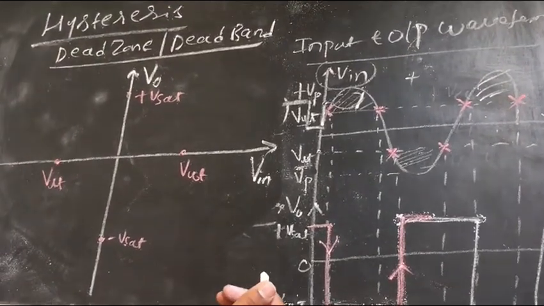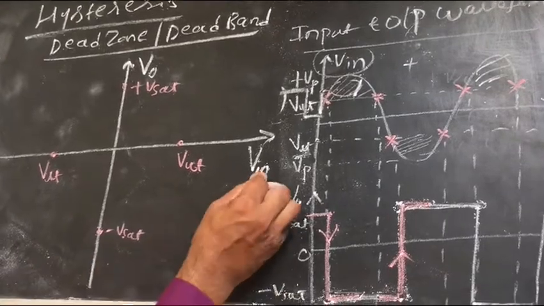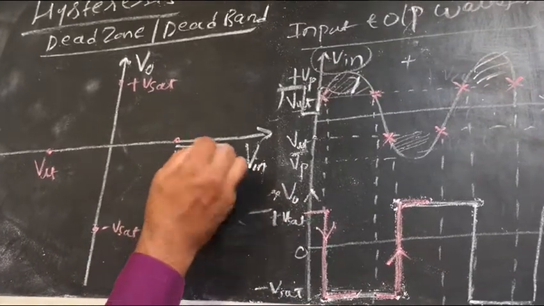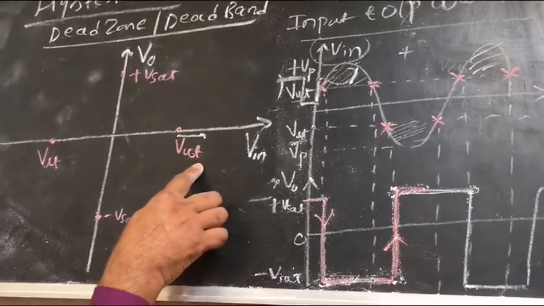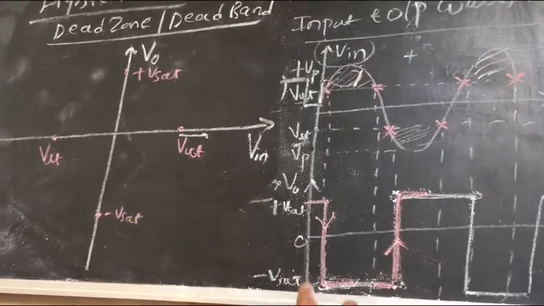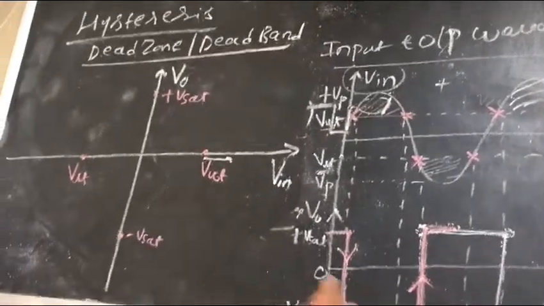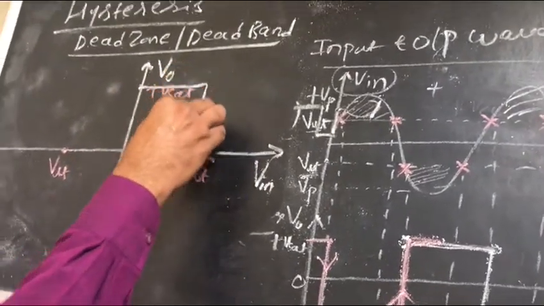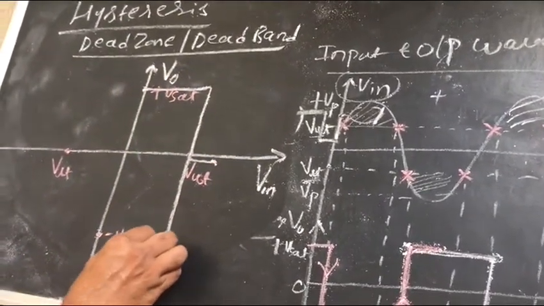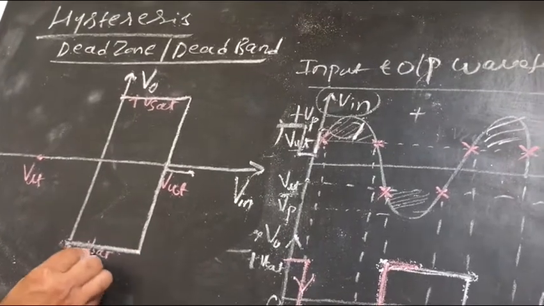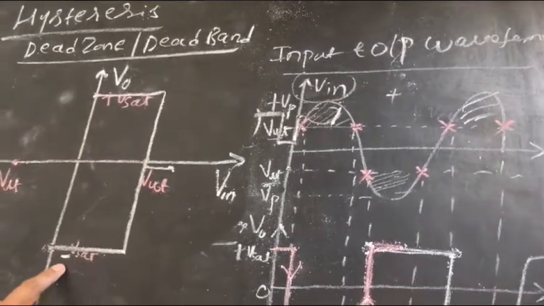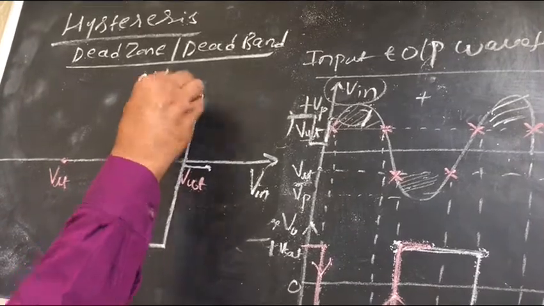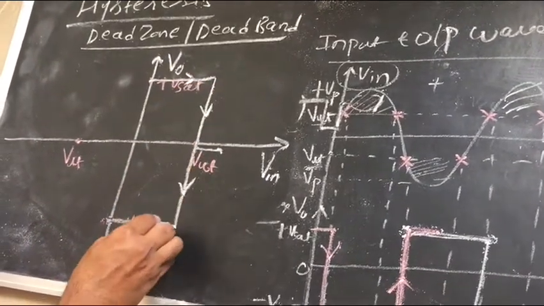Students, when Vin goes more than VUT, that is the upper threshold voltage, we know the output jumps from positive Vsat to negative Vsat like this, in this direction.